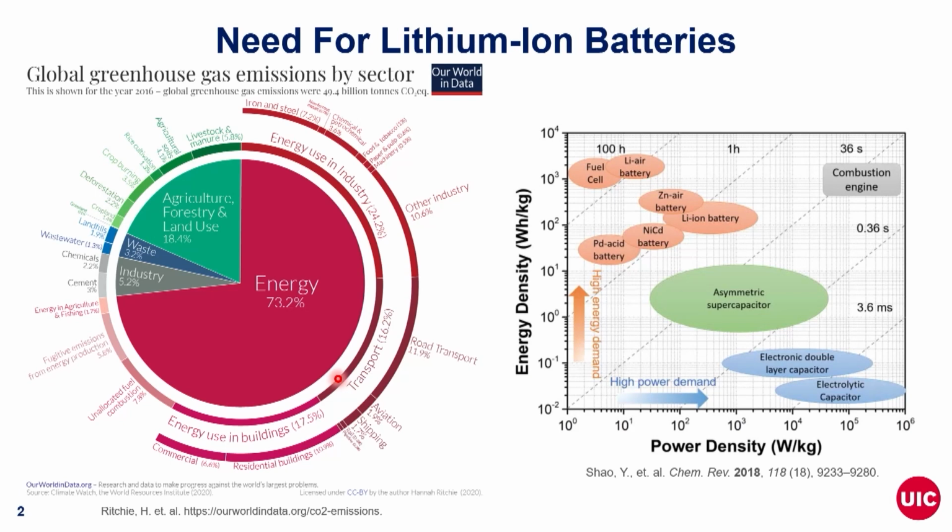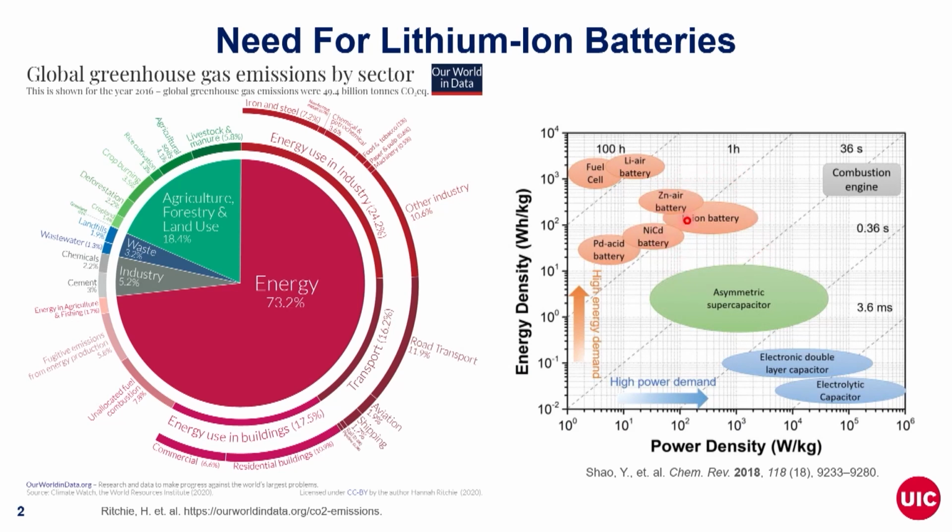So to be able to reduce these large amounts of emissions, we really need to turn to renewable energy sources, as well as break into the commercial vehicle market with electric vehicles. And in order to do that, we need energy storage devices that can undergo reversible charge and discharge processes for long cycle life. So we turn to lithium-ion batteries.